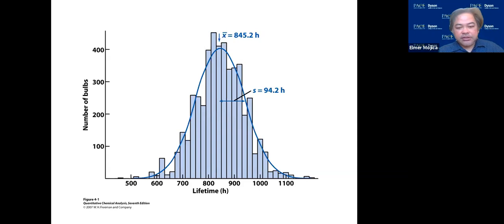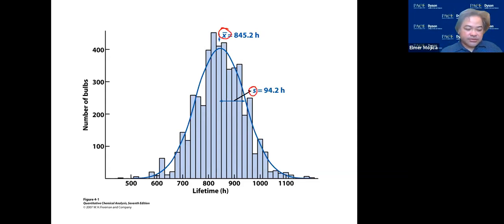In this Gaussian curve, we can find the probability with the use of the standard deviation. The most important parts of a Gaussian distribution are the mean and the standard deviation.